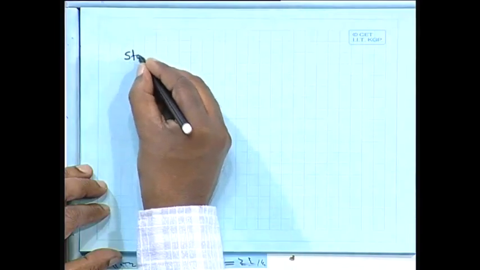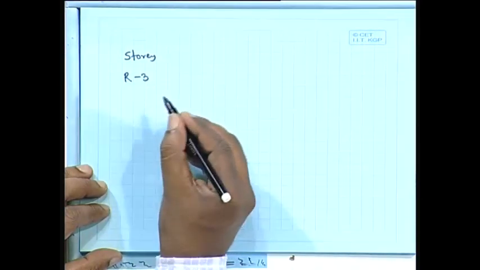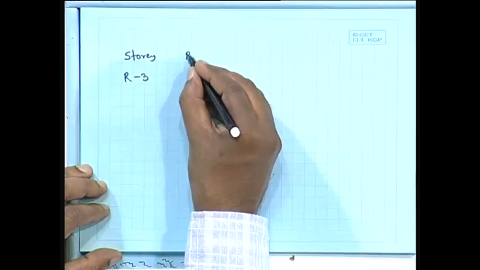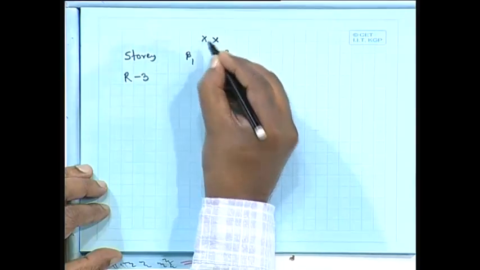So, for different stories, say R3, beta 1 and beta 2, we are talking only about XX.